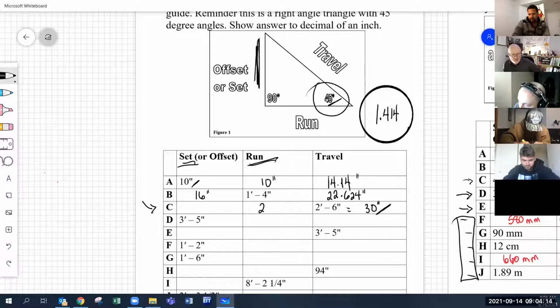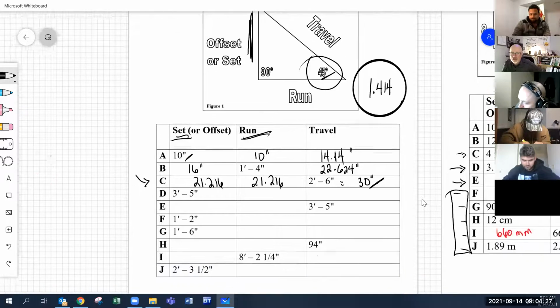So this is going to be 21.216. Everybody following along with that? Does everybody concur?